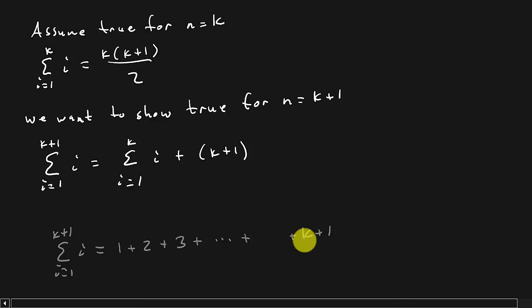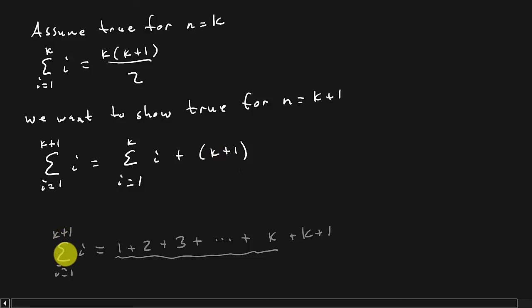Well, what would come right before k plus 1? That would be k. So this 1 plus 2 plus 3 up to k, that's just this thing. That's where that comes from. And then we put the k plus 1 term because we're going to k plus 1.